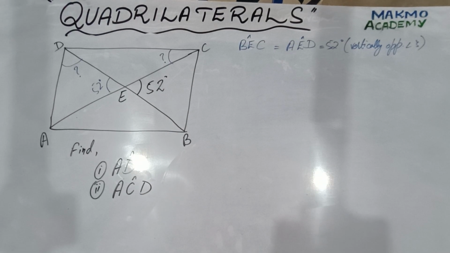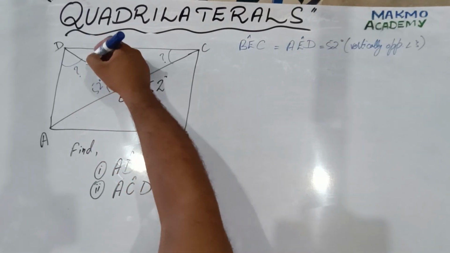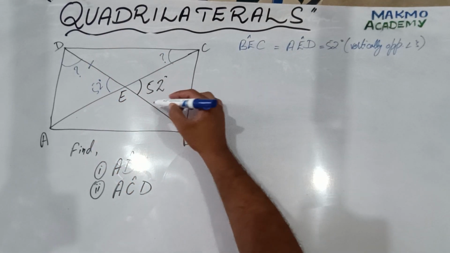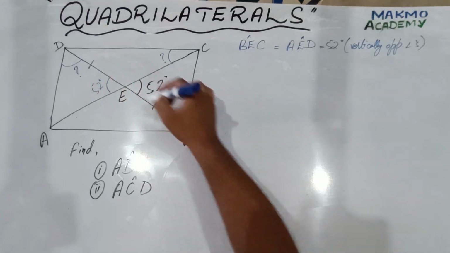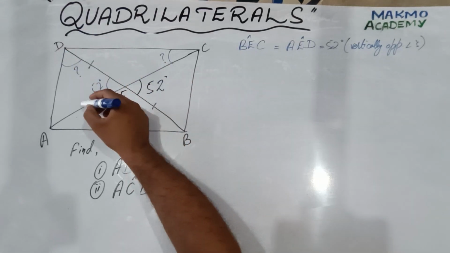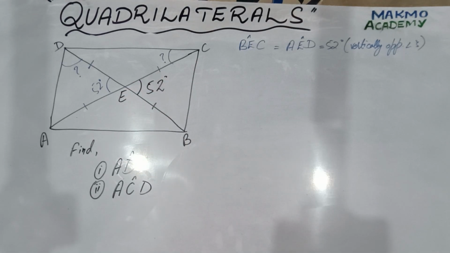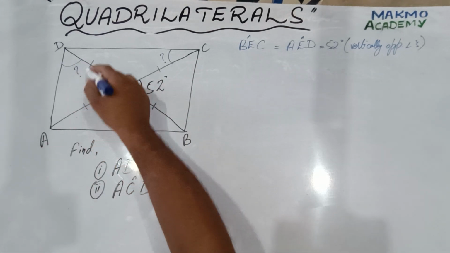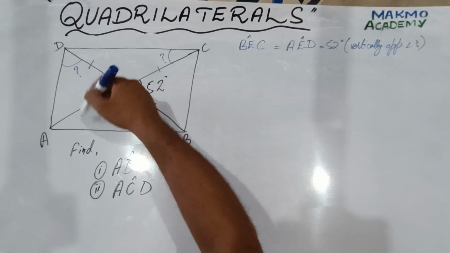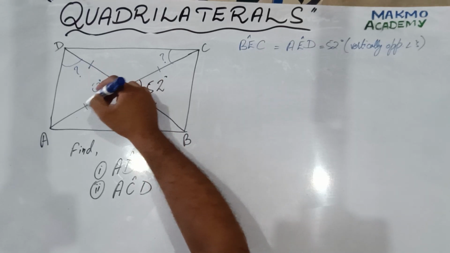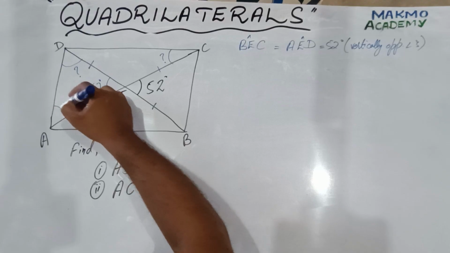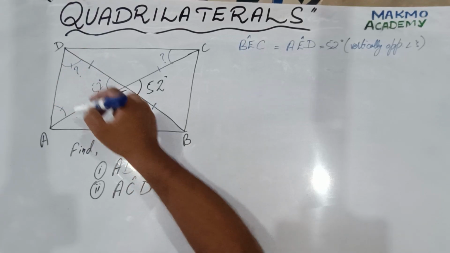Now if you remember that the diagonals of a rectangle bisect each other, these two, BE and ED, are equal in size, and AE and EC are equal in size. So if these two are equal in size, these are the base angles, and they would be equal to each other.